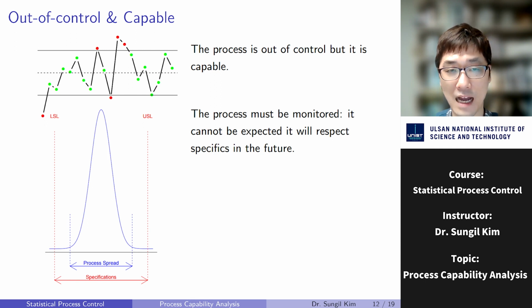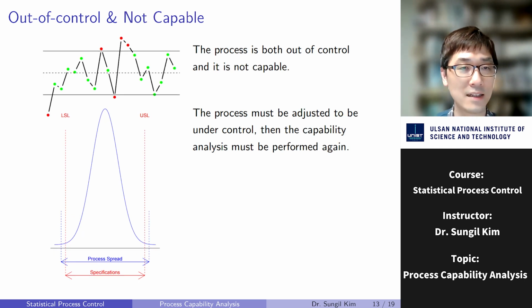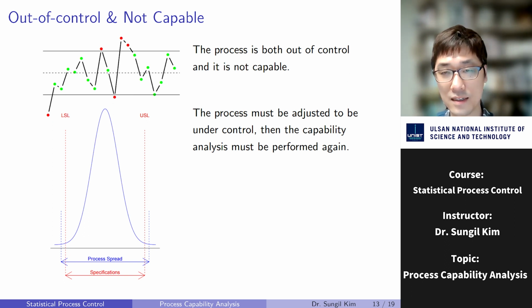Since the process is out of control, there is no guarantee it will be capable in the future. Last, the process is out of control and it is not capable. The process must be adjusted to be under control. After that, the capability analysis must be performed again.